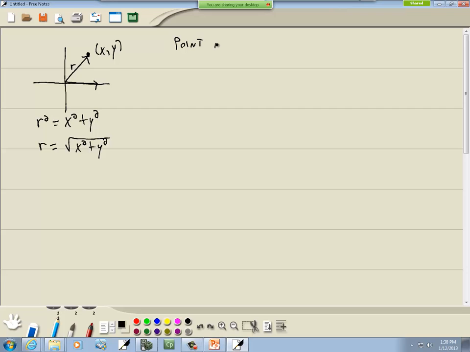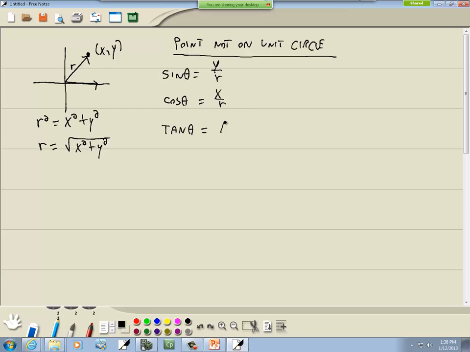Okay, point not on the unit circle. Our formulas: sine is equal to y over r, cosine is equal to x over r, tangent is y over x.